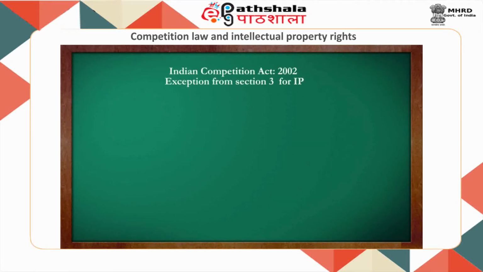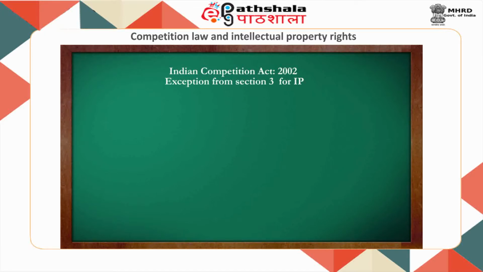Coming to the Indian Competition Act 2002, there are certain exceptional sections which raise questions or deal with the interface relating to intellectual property law and policy. Section 3.5 primarily deals with those kinds of licensing practices which are unreasonable in nature.